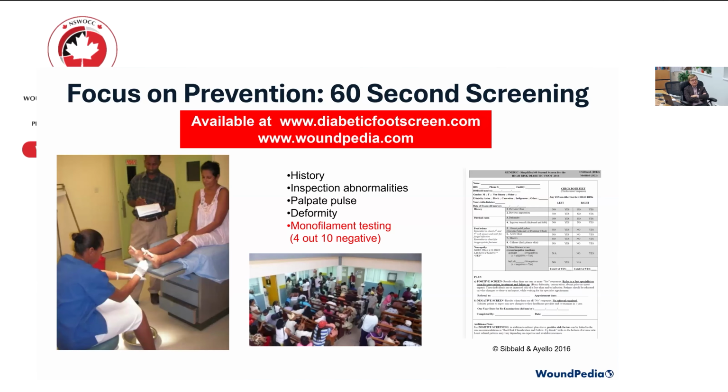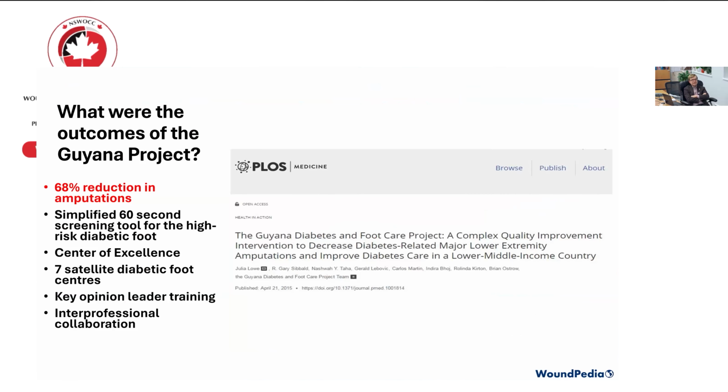Next slide. And this has been validated. And what happened in Guyana, and this is published in PLOS, 68% reduction in amputations. We could go back in the OR record of the Georgetown Public Hospital Corporation 43 months previous, 43 months after we opened the Diabetic Center of Excellence.